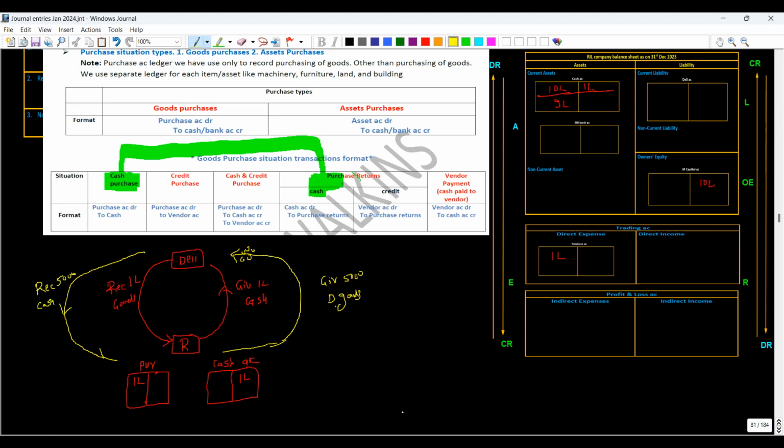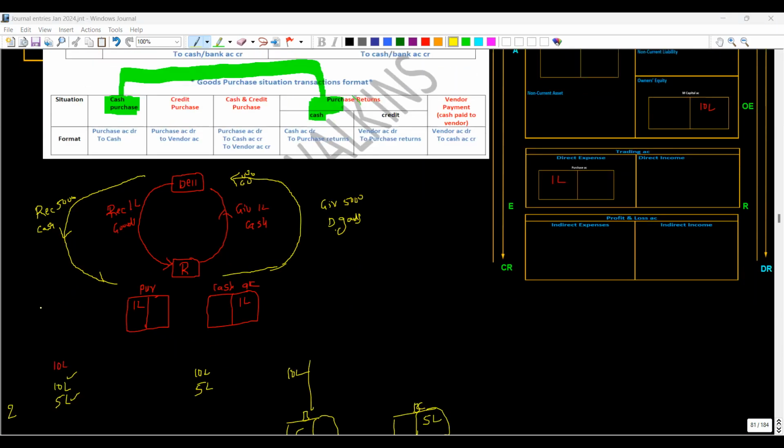All of you able to follow what I am saying? Yes, sir. In this situation, what is the value of the damaged goods? 5,000. Then how much cash are you receiving? 5,000. So we already know which account we maintain to record receiving cash and giving cash.